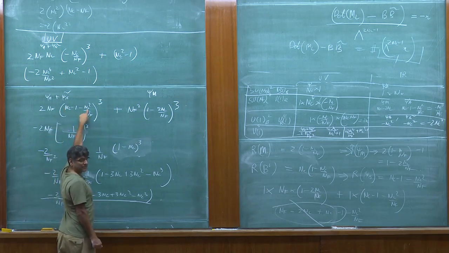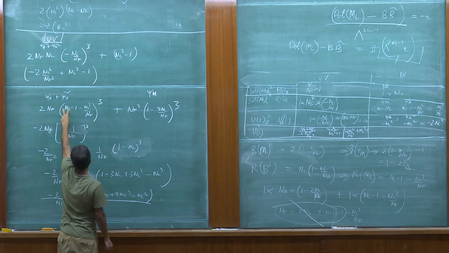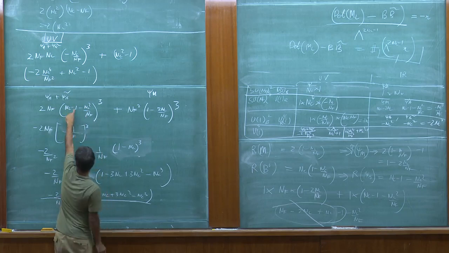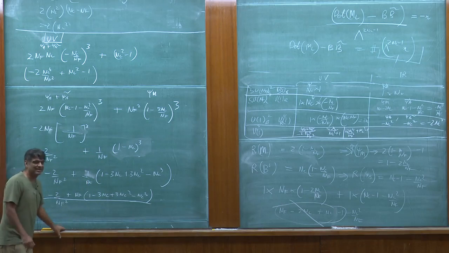NF was NC plus 1. So we get NC square minus NC square and plus NC. Yeah, and then this was minus NF. It may be working.